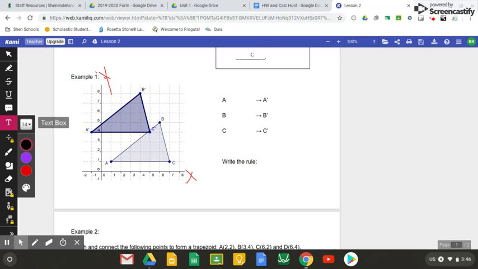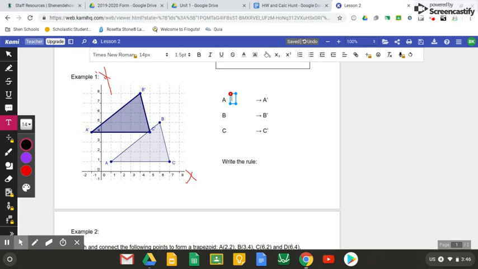All right, so I'm going to go ahead and read A. I get over 1, up 1. Make sure these are in parentheses. They are coordinates. They always go in parentheses. B, I go over 6, up 5. C, that's 7, 1.